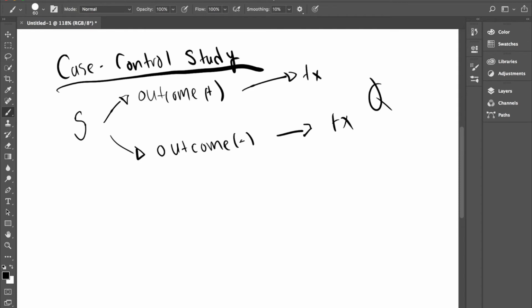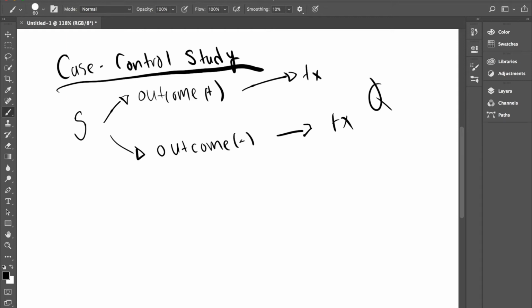So what we're going to take a look at is what are some of the features of the case control study that put it further down on that hierarchy, and one of them is that we asked the research question after all the data was collected.